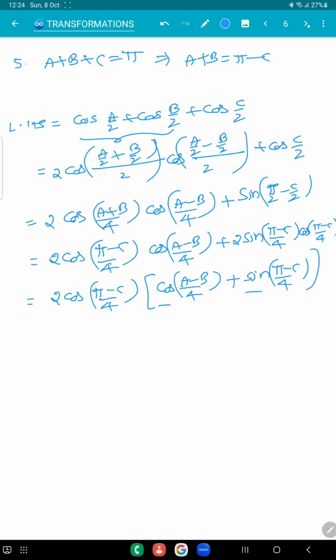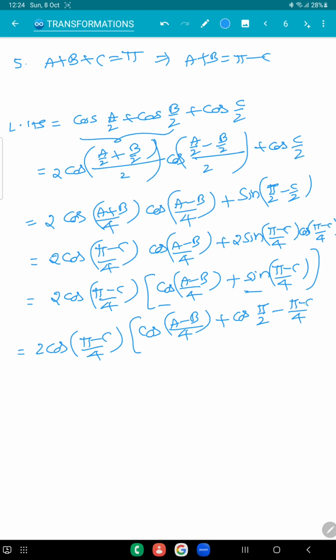We don't have any formula for cos plus sin, so we have to convert one thing in terms of the other. I am converting sin in terms of cos: sin θ can be written as cos(π/2 − θ), with θ being (π−c)/4.